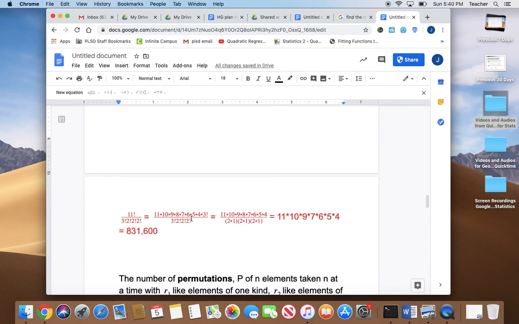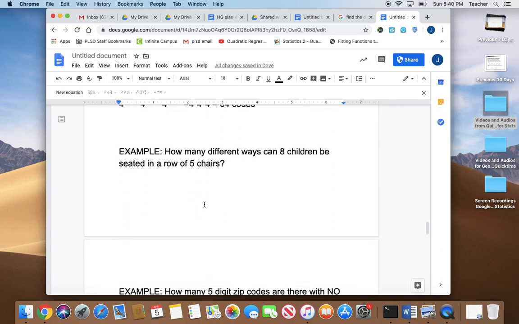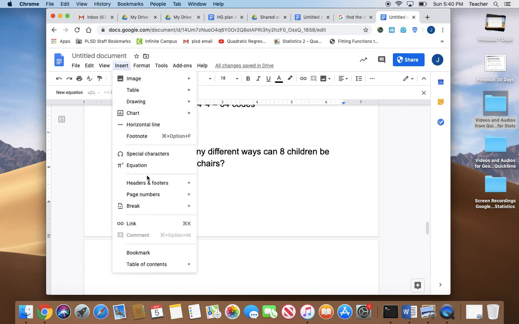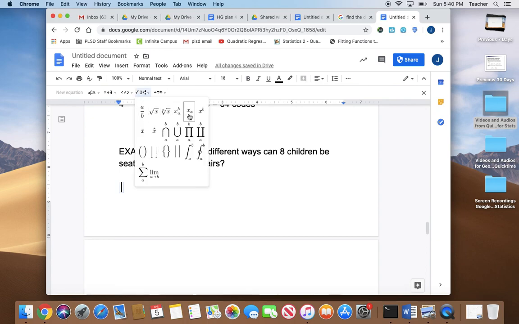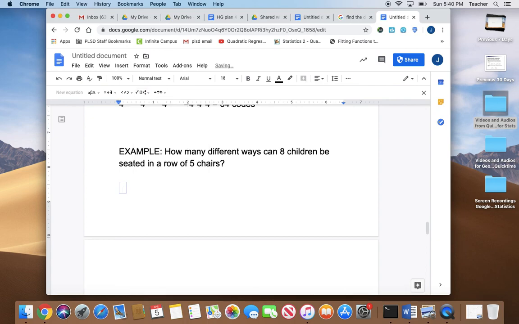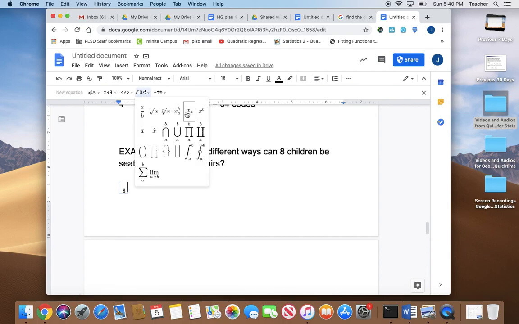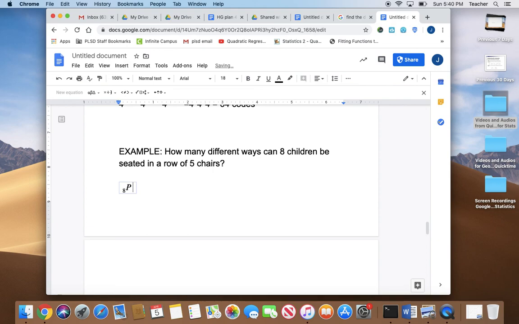All right. So finally, let's do a couple of examples here. How many different ways can 8 children be seated in a row of 5 chairs? So you have 8 and you're taking them 5 at a time. So the easiest way to do this is to take 8 and you're going to pick 5 at a time.